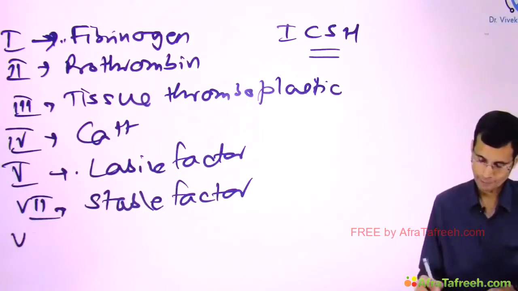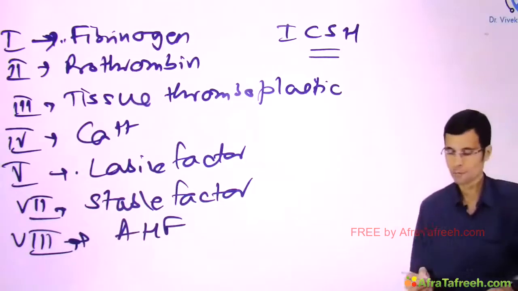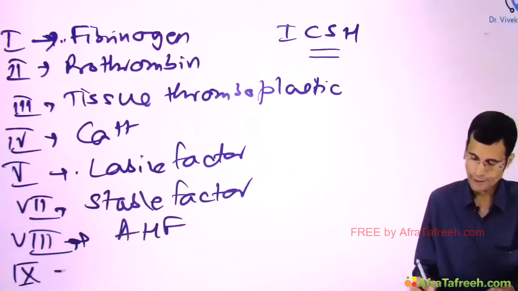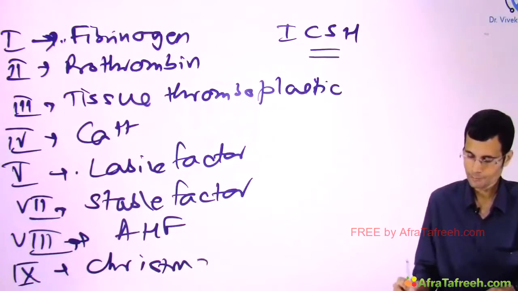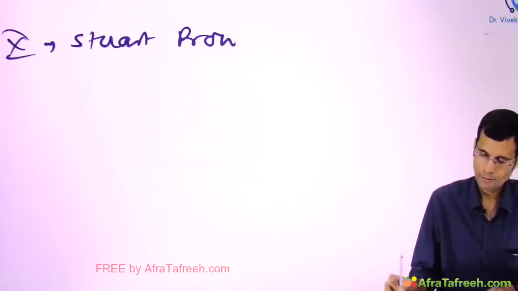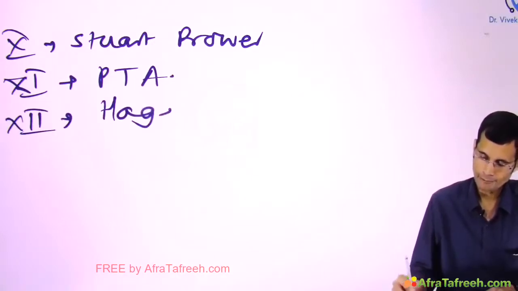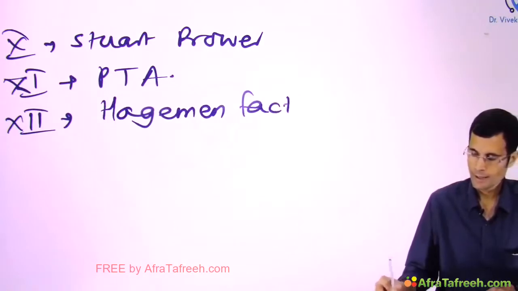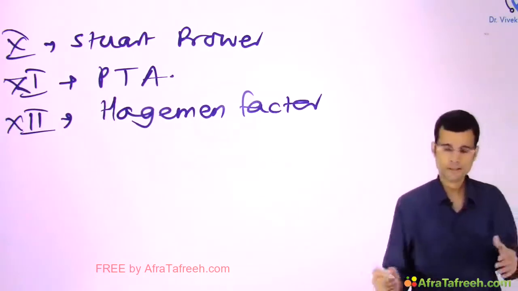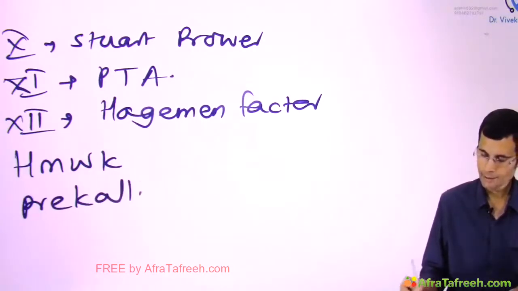Factor 5, factor 7, factor 8, anti-hemophilic factor or anti-hemophilic globulin, factor 9, Christmas factor, factor 10, Stuart-Prower factor, factor 11, plasma thromboplastin antecedent, factor 12, Hageman factor, and then factor 13, 14, such as high molecular weight kininogen and prekallikrein.